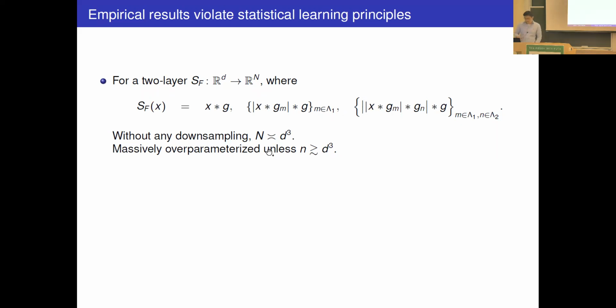Without any downsampling, this capital N is on the order of d cubed, because to represent x, which is a vector of length d, I will need approximately d of these g sub m's. Then I have d g sub m's, d g sub n's, so it's d squared. So it's massively over-parameterized unless the number of samples exceeds d cubed, which is unrealistic.